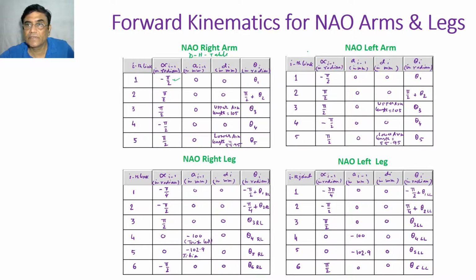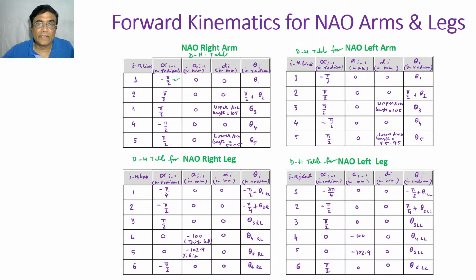This is again the DH table for the NAO left arm. Similarly, the DH table for the NAO left leg, and this is the DH table for the NAO right leg.